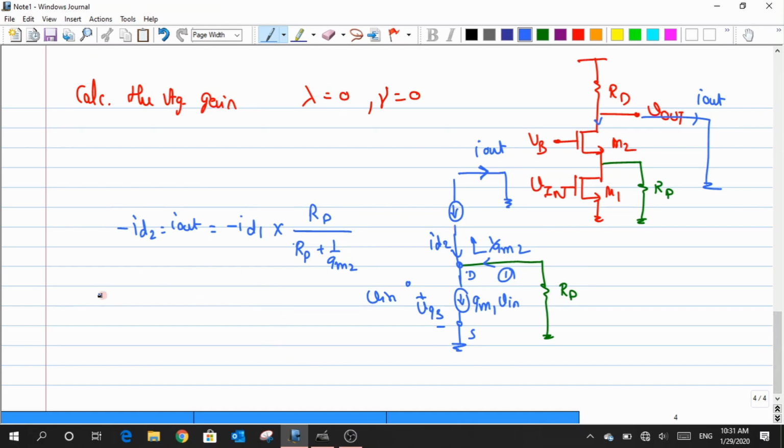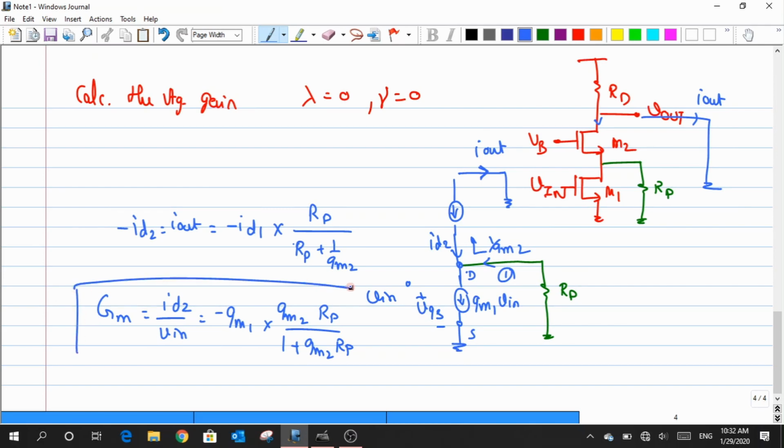In that case, my capital GM would be written as ID2 by Vn, which is GM1 times GM2 RP divided by 1 plus GM2 times RP. This is the capital GM that I have got.